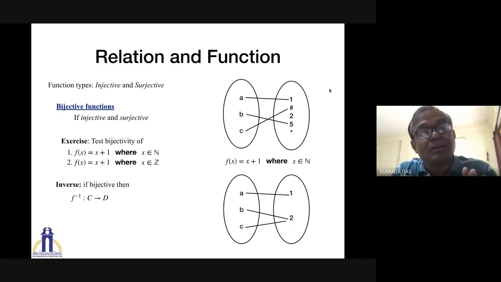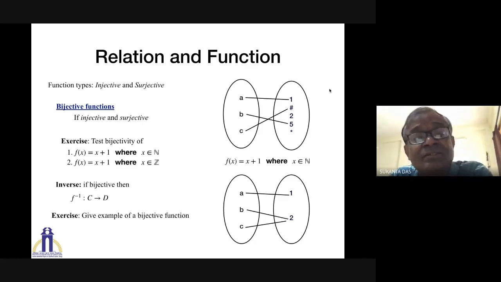If y equal to f(x) is given, then for the inverse, the inverse of y, I'll get x. In your school level, you have dealt with several inverse functions. So the next exercise I'm giving: find some examples of bijective functions. Give examples of bijective functions and then find their inverse.